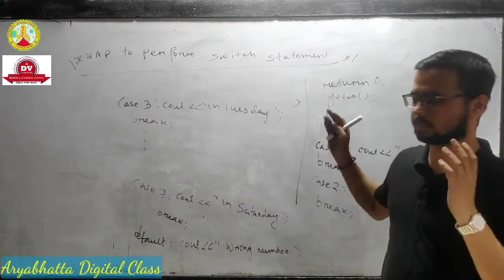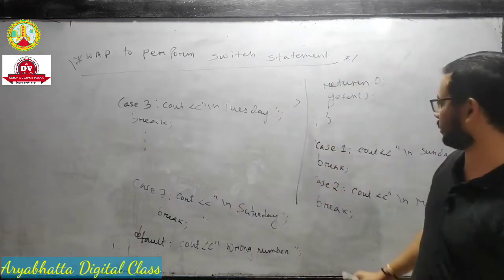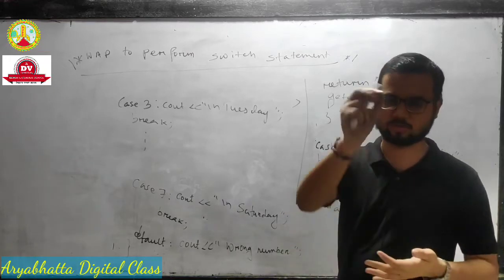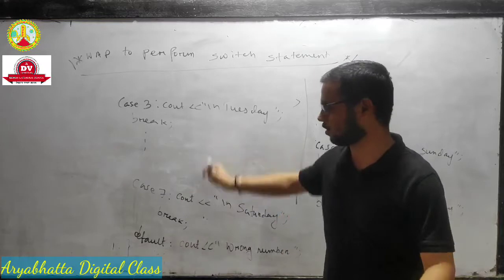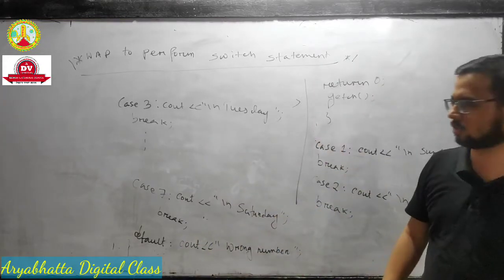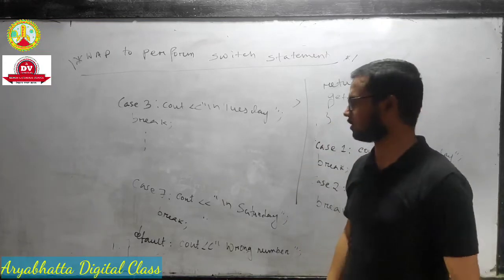You just simply see from the beginning. Actually, I will erase for writing, so you just write in your copy from the beginning. Then you will understand when I teach you, because on the board I have to erase to write the whole portion. Okay, you just write in your copy from the beginning. Then you will understand.